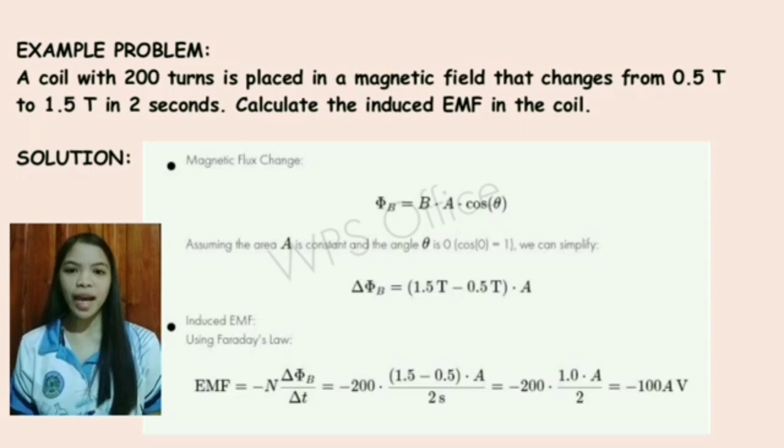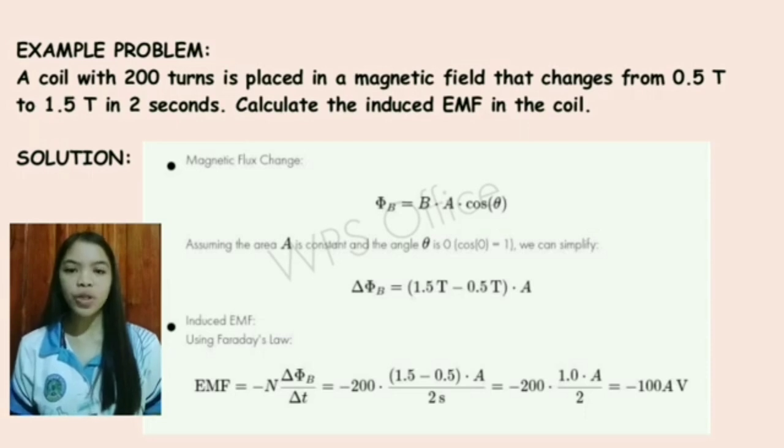So here is an example problem. This problem involves a coil with 200 turns placed in a magnetic field that changes from 0.5 Tesla to 1.5 T over a duration of 2 seconds. The task is to calculate the induced electromotive force generated in the coil due to this change in the magnetic field.